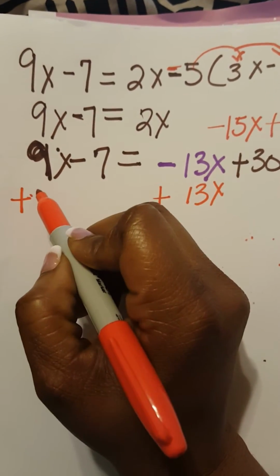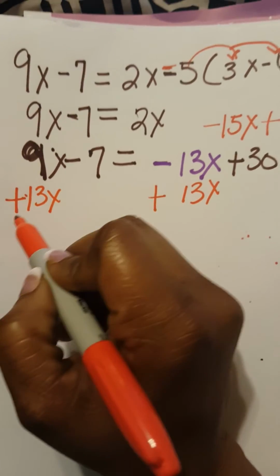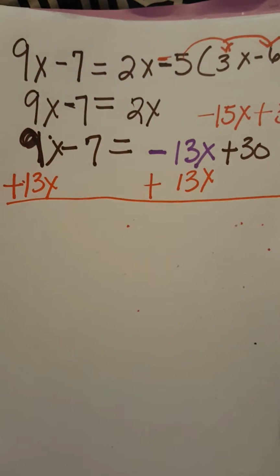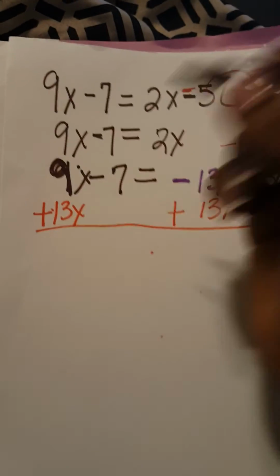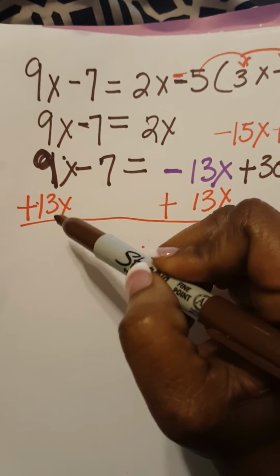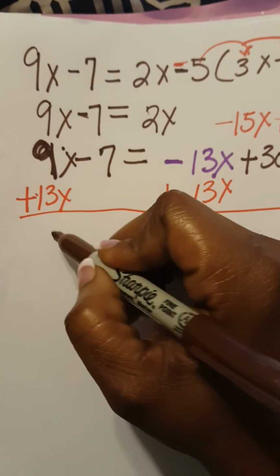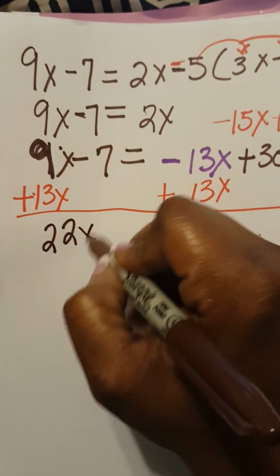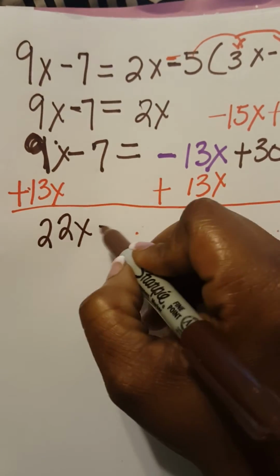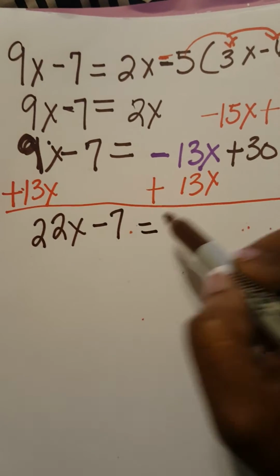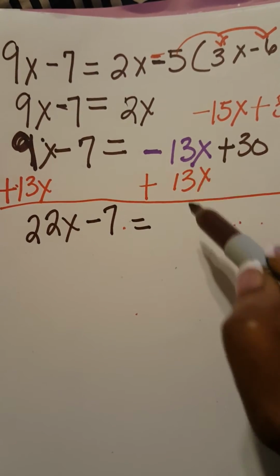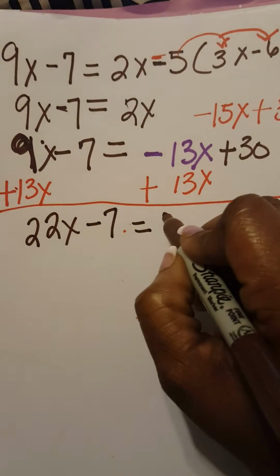This is a positive 13x. And I'm going to draw my line so I can carry out the addition. 13 plus 9 is definitely 22, and it's positive, so 22x. And I'm just going to bring down my negative 7 equals, and that's 0 now, of course, 30.